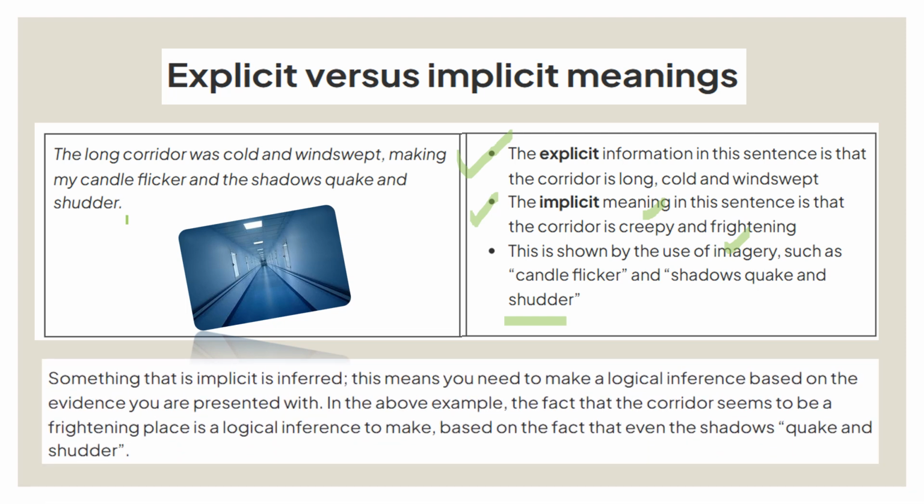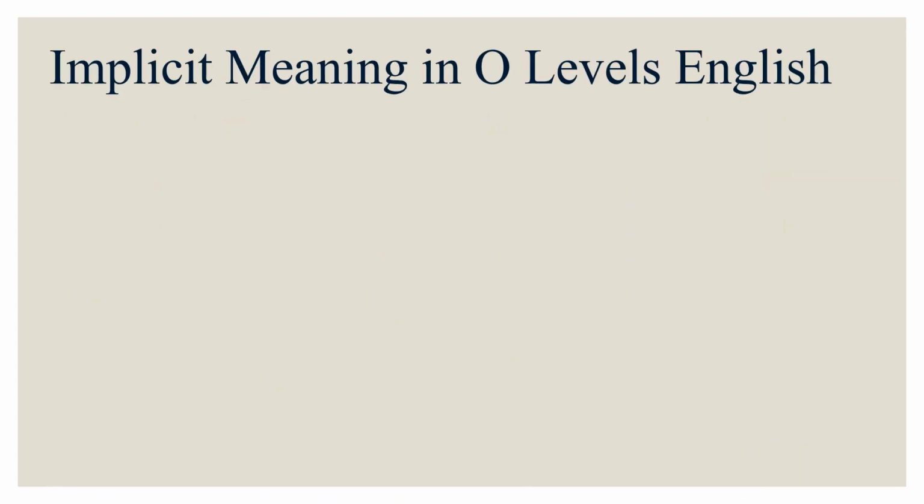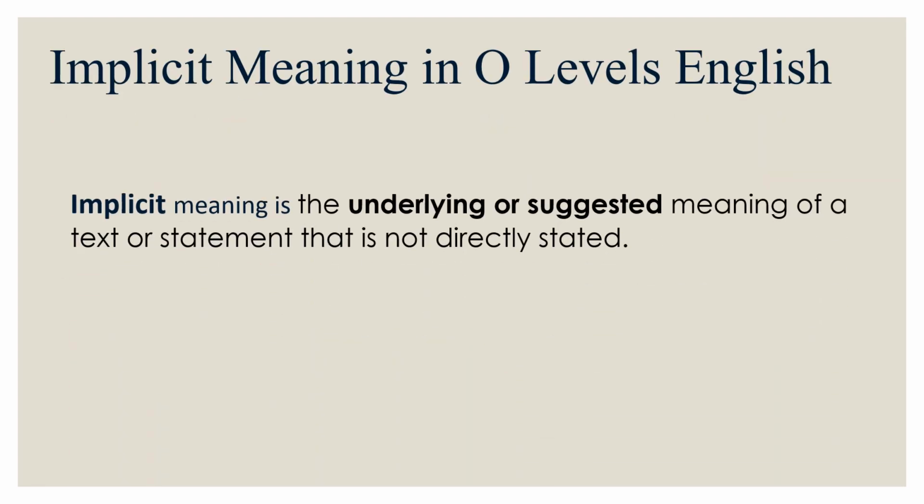It means that implicit meanings are made on my logical inferences, on the basis of my deeper understanding, by cracking the literary devices used in the text and by looking carefully at the writer's choice of words. It means that we have to read quite deeply.